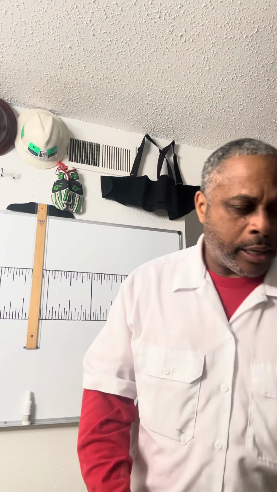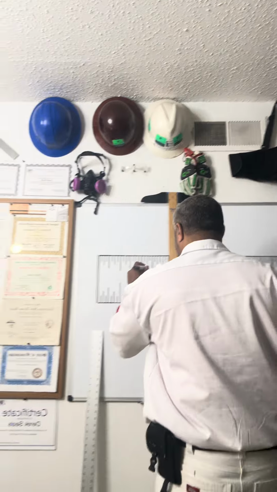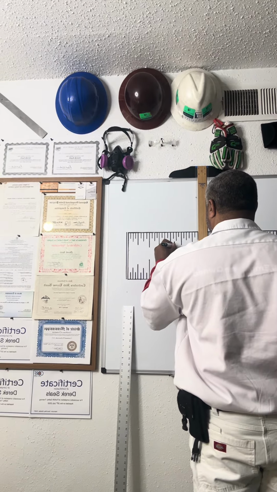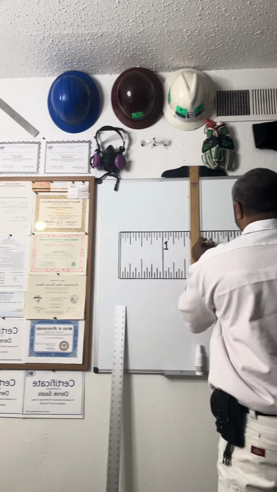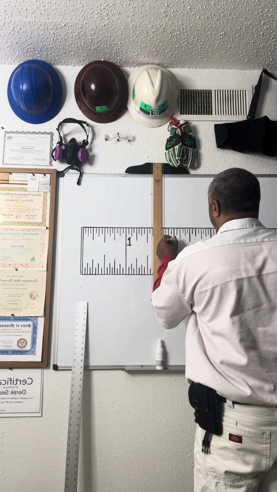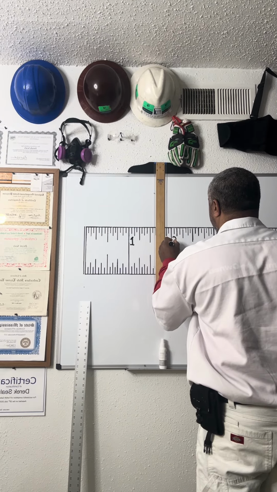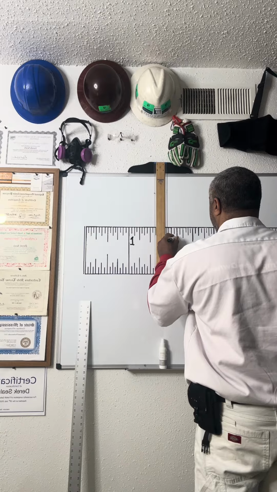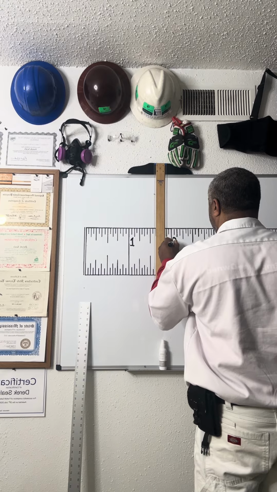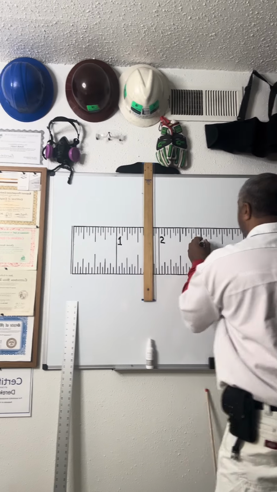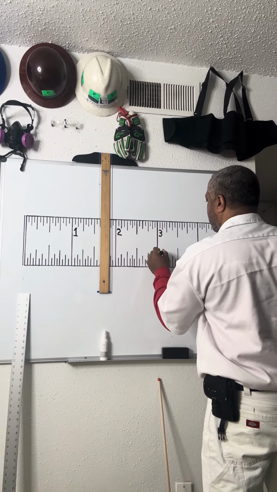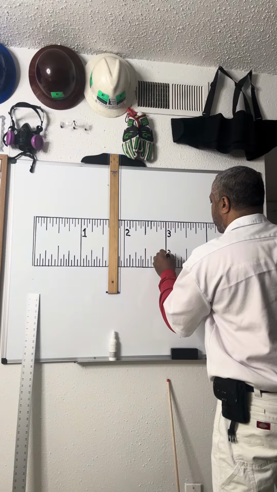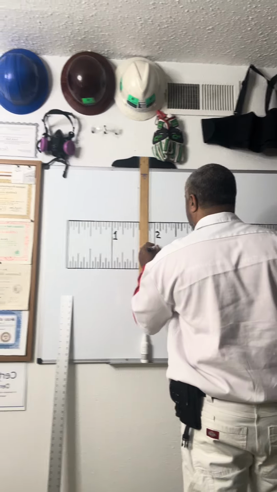There are measurements after the fact. It's very hard to draw backwards. That's a 2. This is a 3, because I want to draw it the way it looks on the tape.